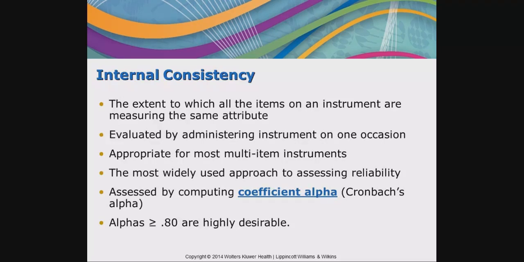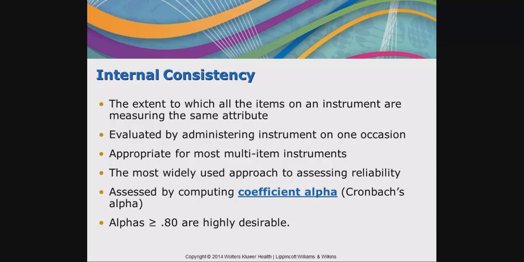Now this is determined really after one administration of the instrument. And here the Cronbach's alpha is king, because what the internal consistency measures is the extent to which all items on the instrument consistently measure the construct.